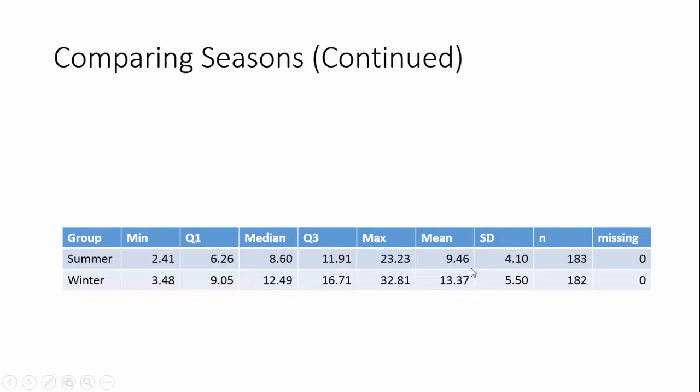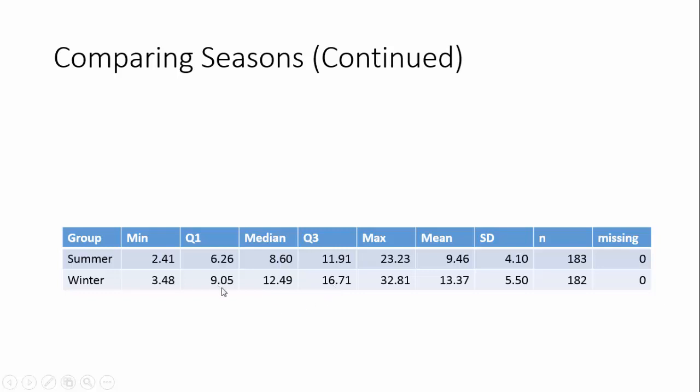Same thing with the mean, right? The mean max wind in the winter is higher. The interquartile range: look, I go from 6.26 to 11.91, so about 5.5 in the summer is the interquartile range, and in the winter time it's 9.05 to 16.71, so that's 7.